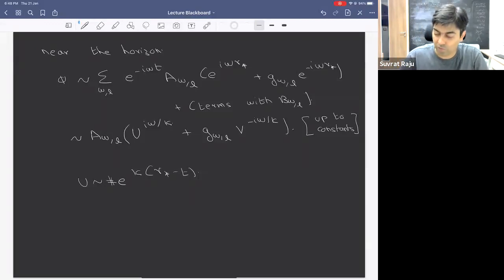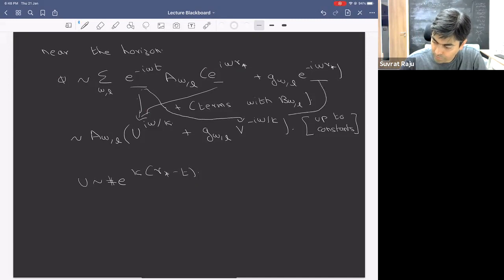But for now, I just want to point out that this term and this term combine to give you this term, right? And I hope that is clear. Whereas this term and this term combine to give you this term. Okay? And I hope that is clear as well. Okay. And of course, if you look at the b omega L terms, the b omega L's multiply a different set of terms.